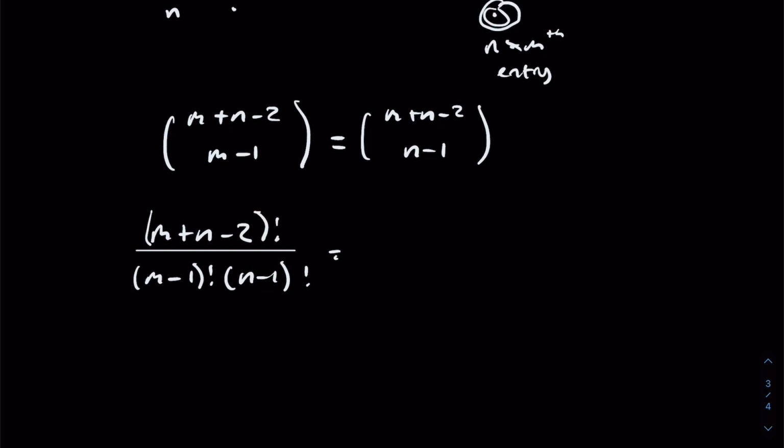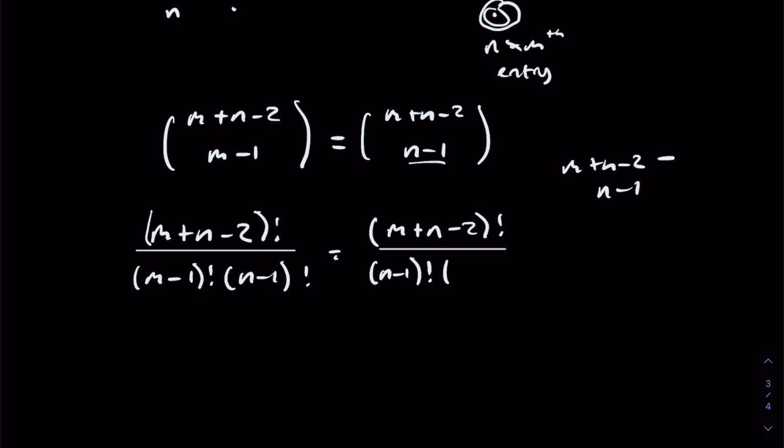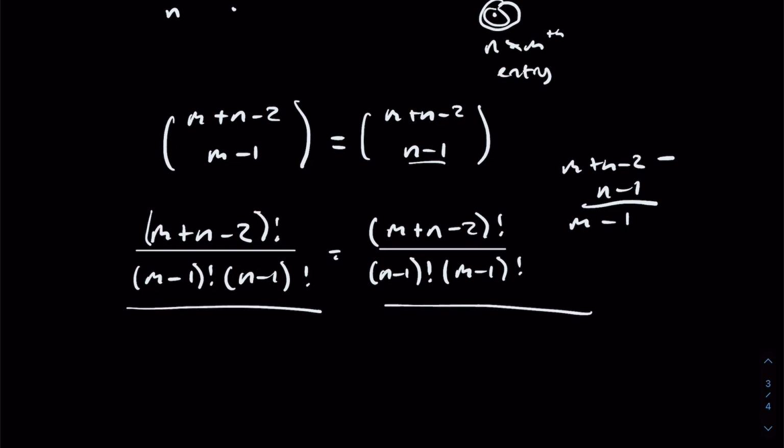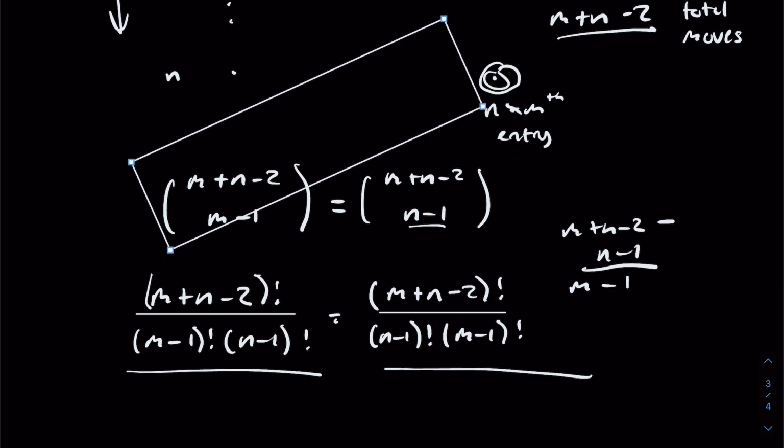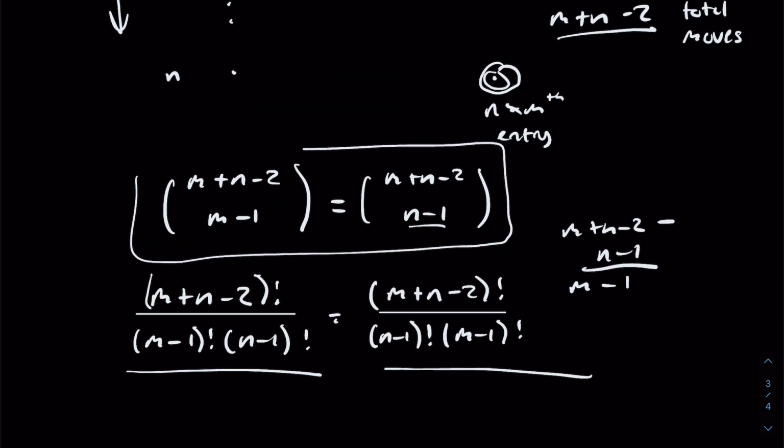This is also equal to, using a similar approach, m plus n minus 2 factorial in the numerator, and then n minus 1 factorial, and this second term in the denominator is m plus n minus 2 minus n minus 1, or m minus 1, m minus 1 factorial. And as we can see, these two expressions are indeed equivalent, proving that this is the total number of valid ways to win an arbitrary m by n dimension grid.